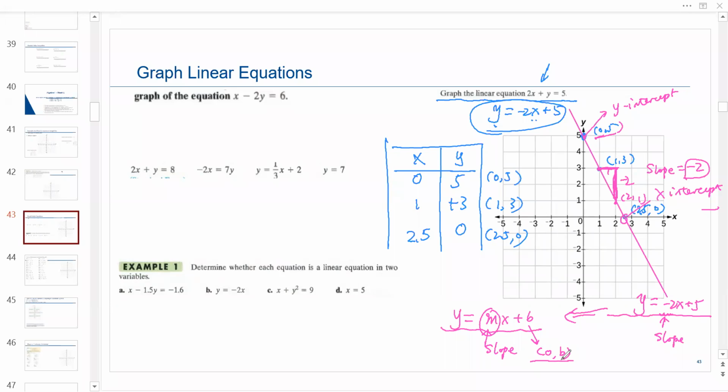So this is y-intercept. All right. So x-intercept, you just need to make the y become 0. X-intercept is -b over m, right? -b divided by m. So this became x-intercept.